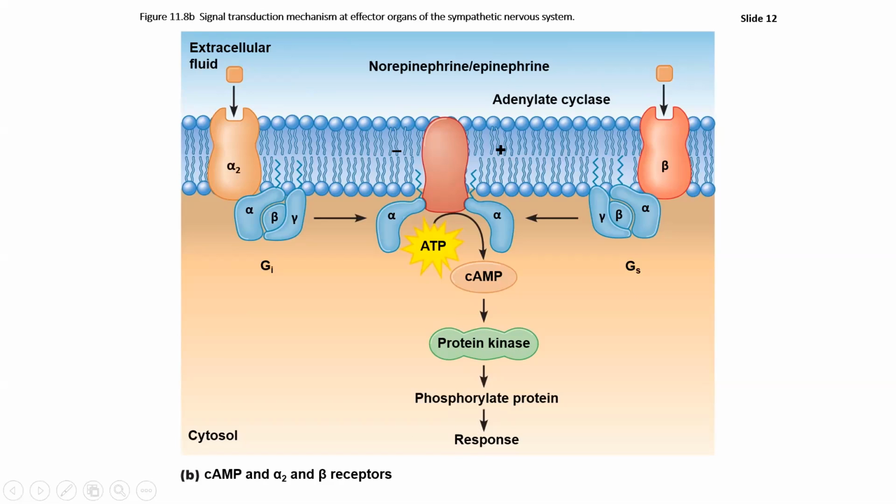So we're gonna completely ignore this side of the image as we look at just alpha-2. So alpha-2 binds to this G protein, this inhibits adenylyl cyclase, and we inhibit the production of cyclic AMP, and so that is how we bring about a cellular response. Now, to kind of describe this a little bit better, when we activate alpha-2 receptors, we're pretty much allowing the tissue to do what it would normally do.